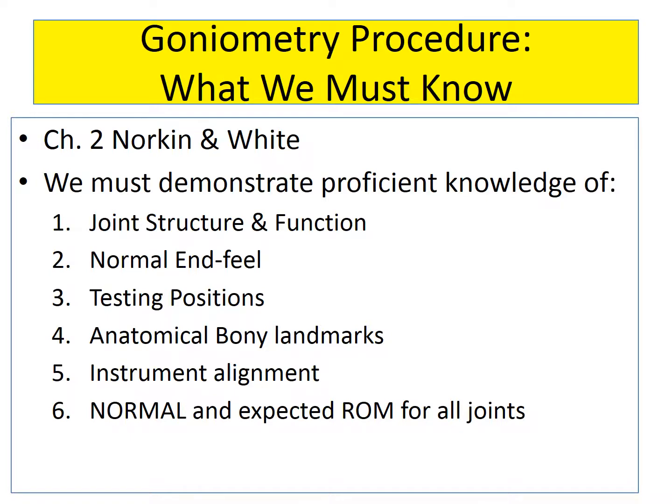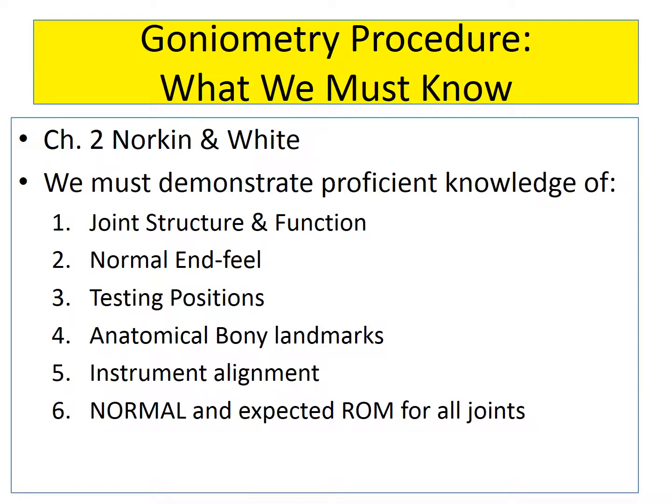So what all do you need to know in order to perform goniometry accurately and reliably? You must first know the joint structure and function. Know what muscles are crossing that joint. What are the joint surfaces? What are the arthrokinematics of that joint? You also have to know what is the normal end feel. Is it firm? Is it soft?